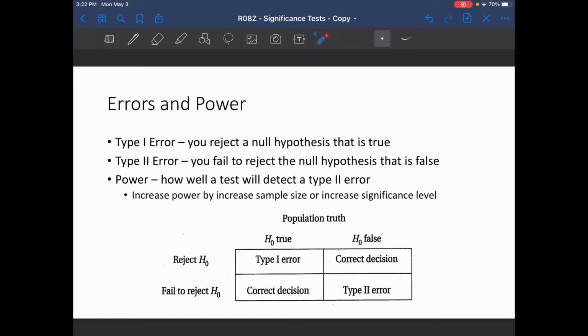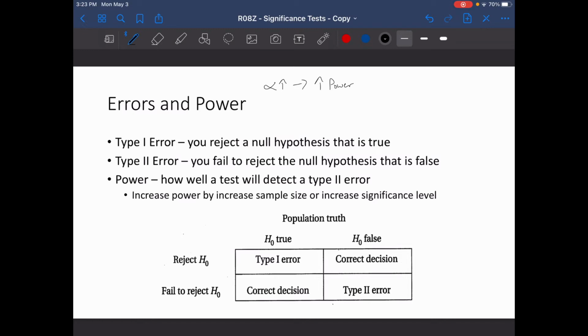How I like to think about this is something along this line. Really, the only questions that I've seen about power have been about its relationship to the significance level or the sample size itself. So if you increase your significance level, what that's going to do is it is going to increase your power.